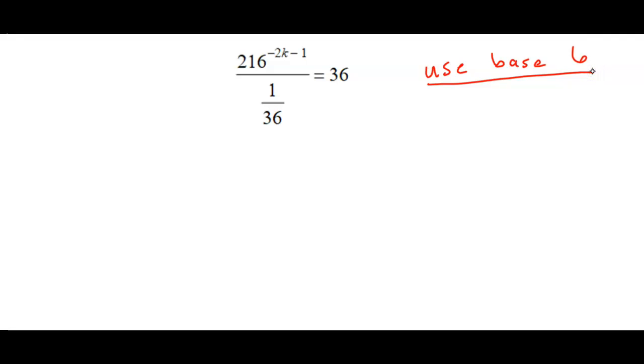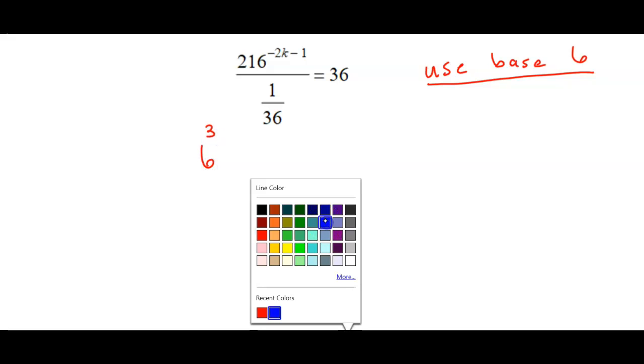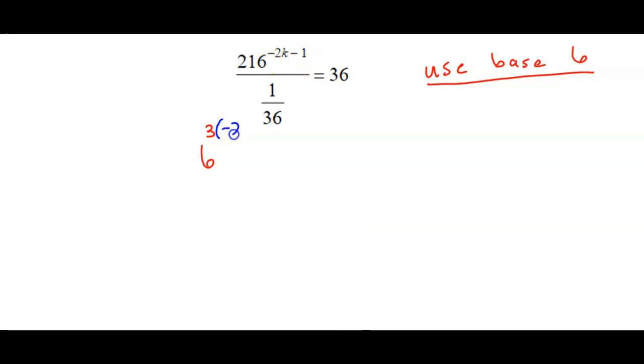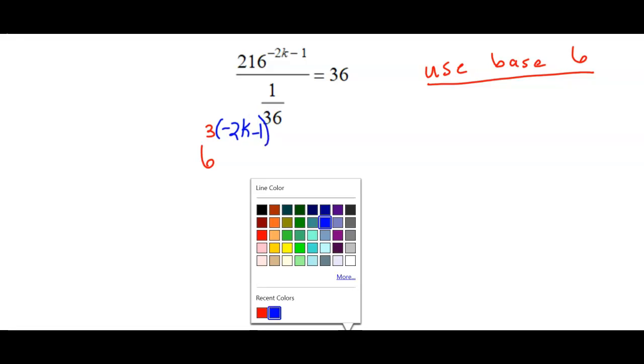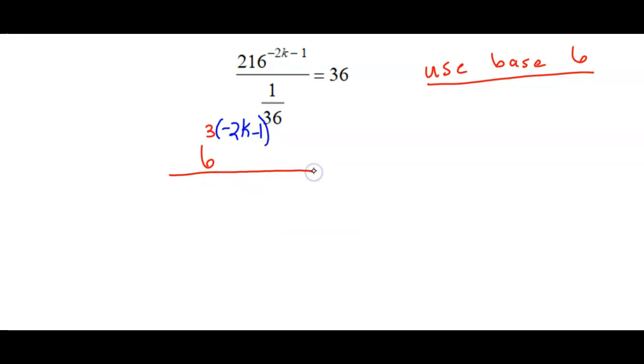So hopefully you guys are getting pretty good at this by now. 216 is going to give me 6 to the third power. So I'm going to replace my 216 with 6 to the third. But then I'm going to have to multiply this exponent that was already in the problem. And then that's over. So 1 over 36.